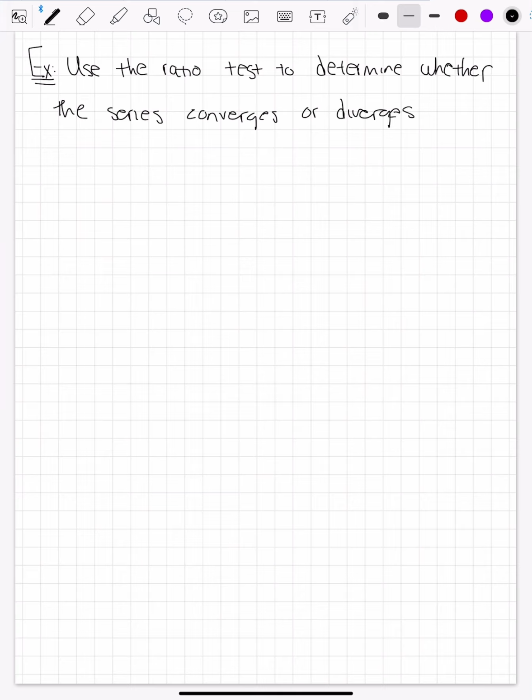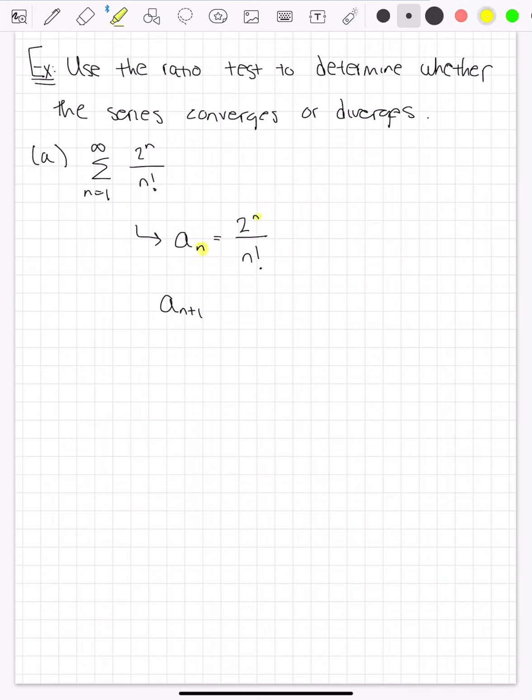The first one is the sum from 1 to infinity of 2 to the n, which is an exponential, over n factorial, which is a factorial. So this is a good series to do the test on. What's a_n? It's just the sequence that the series is built off of. We're given that formula, and for a_(n+1) we just replace all of the n's with n plus 1.